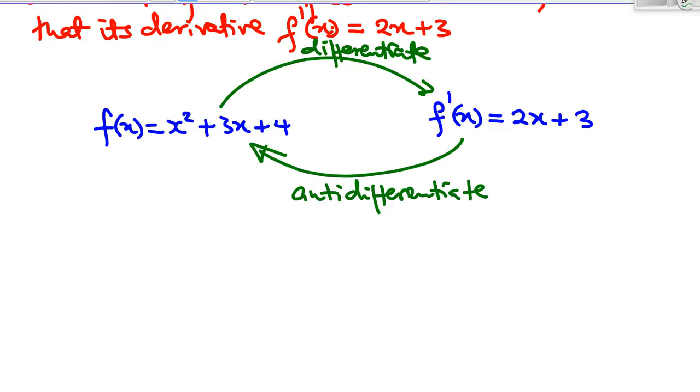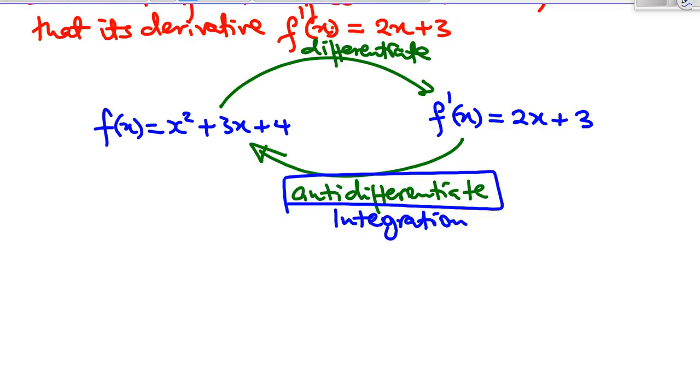What we're interested in here is actually this process here. Another name for this is integration.